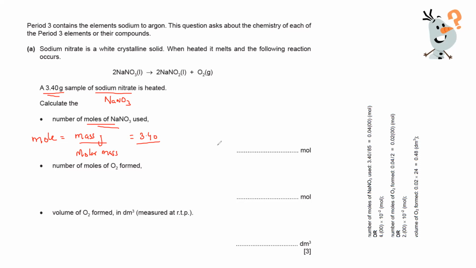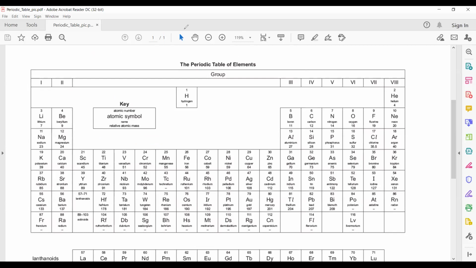To get the molar mass of sodium nitrate, you have to use a periodic table. As you can see on your screen, this is a periodic table that will be available in the exam. You don't have to memorize the masses. When we check sodium, it is 23, because we are finding the mass of sodium nitrate, NaNO3. Plus nitrogen, which is 14, plus oxygen, which is 16, multiplied by 3.